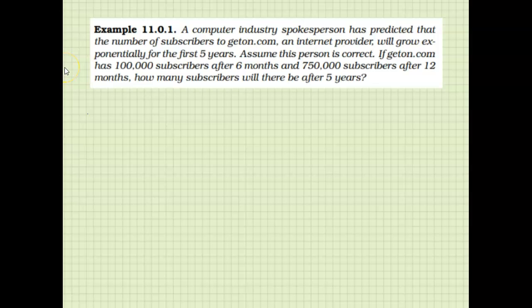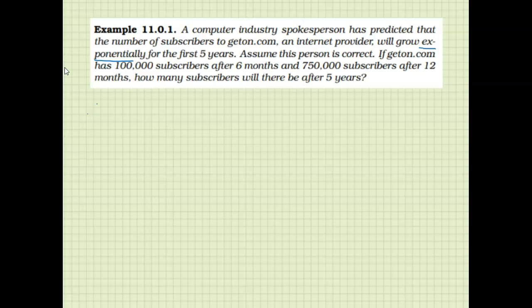Let's tabulate our information and make a little table. It does say exponentially, so that word is mentioned there for the first 5 years.